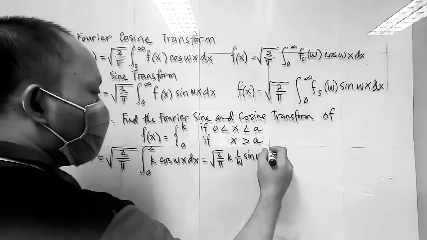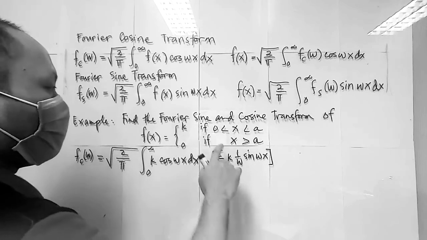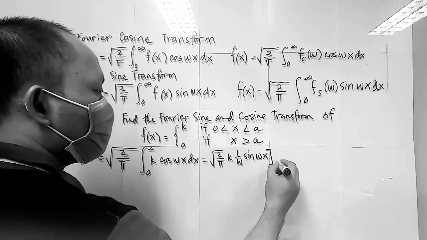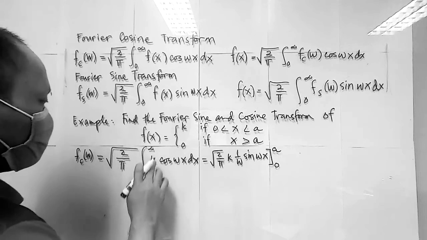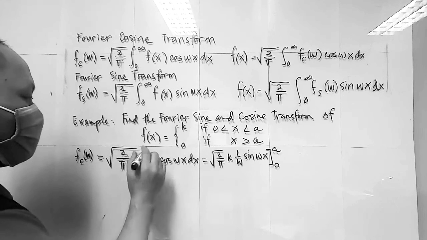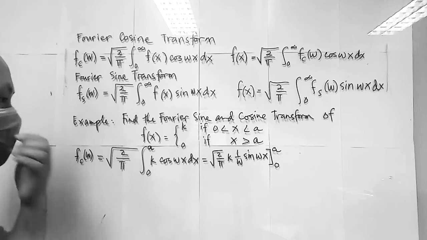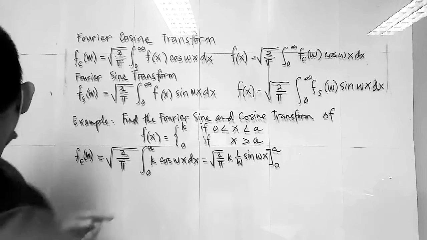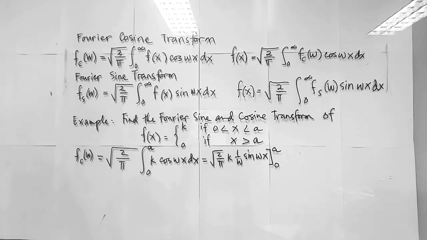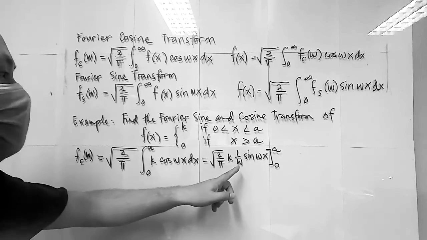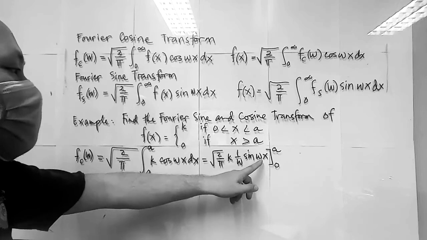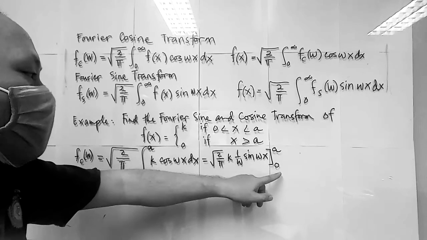with limits, this time our limits are from 0 to a. So I will change this one to a. So from 0 to a, our lower limit and the upper limit. So if we integrate this one, substitute the value of x as a and then 0.